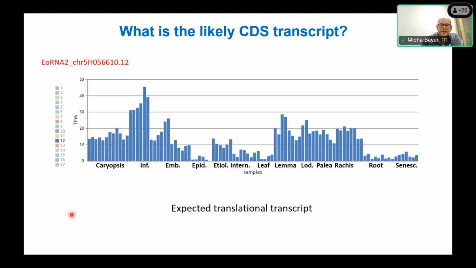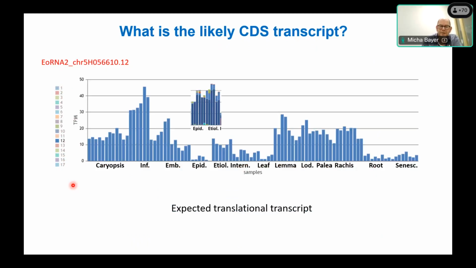So a nice thing you can do with the graphs that we have is you can then click off every single transcript that you don't want to see. So in this case, I've clicked them all off except for transcript 12, and you can then see the expression for what I think is the important coding sequence transcript.